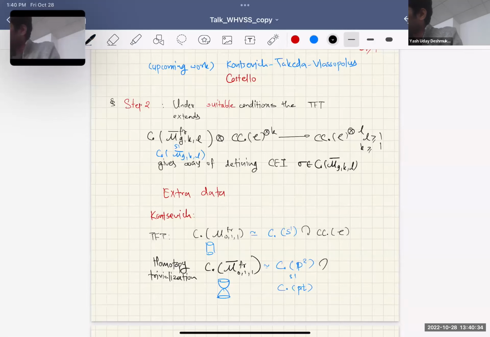And the homotopy extension is going to be this homotopy trivialization of the S1 action induced by M-framed. Okay, so is there any question about this part, about this extra data that we are going to need to extend the action from M-framed to M-bar framed?